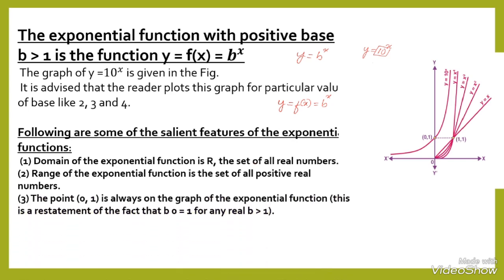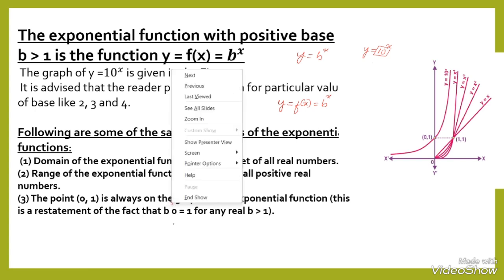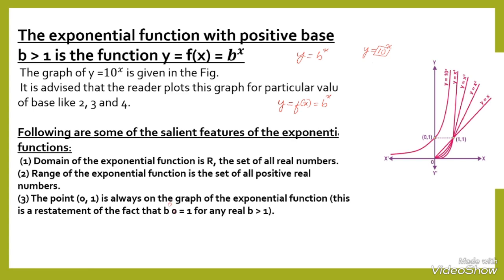Then the point (0, 1) is always on the graph of the exponential function. This is a restatement of the fact that b^0 = 1. Anything to the power 0 is 1.